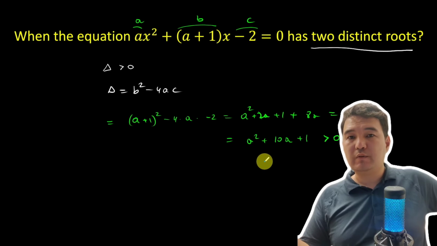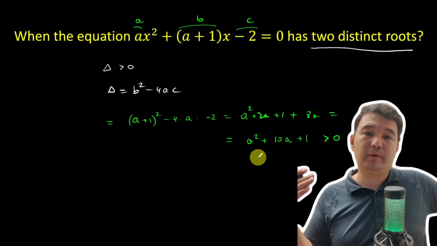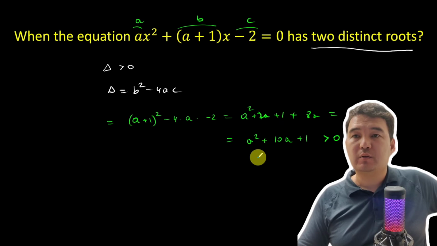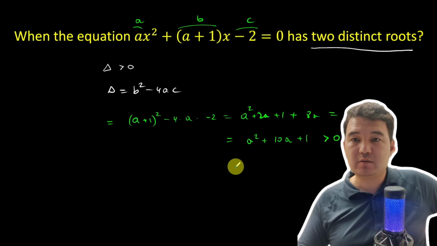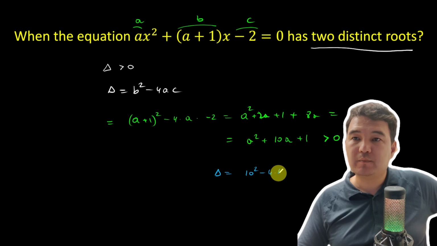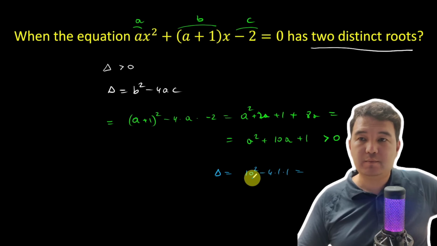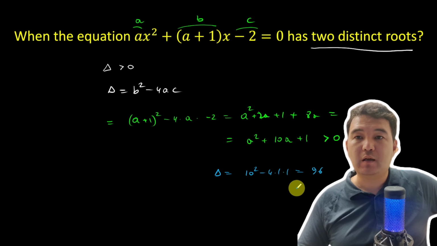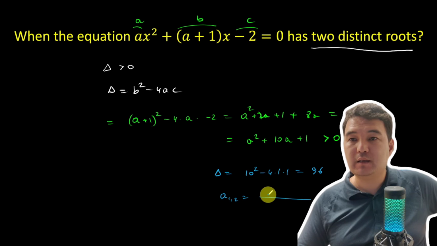So in order to solve this quadratic inequality, first we need to find its roots. The discriminant of this quadratic expression is b squared, 10 squared minus 4 times 1 times 1, which is 96, and the roots a1 and a2 are going to be minus 10 plus or minus root of 96 over 2.